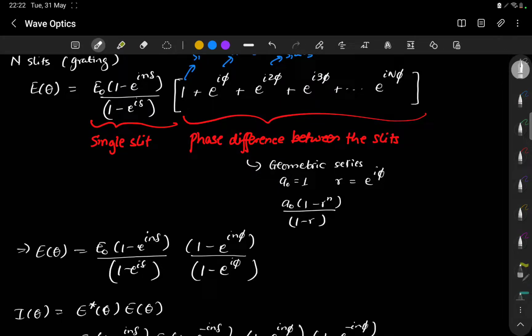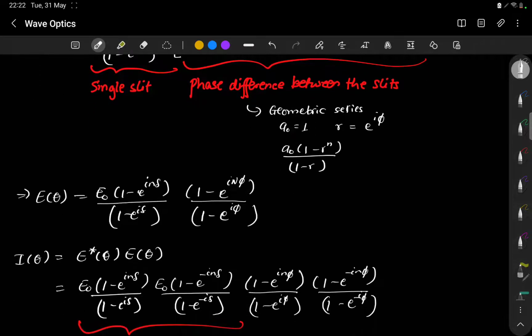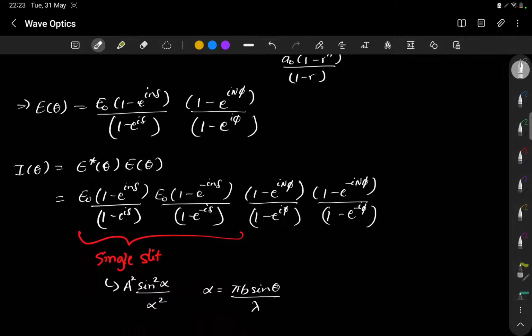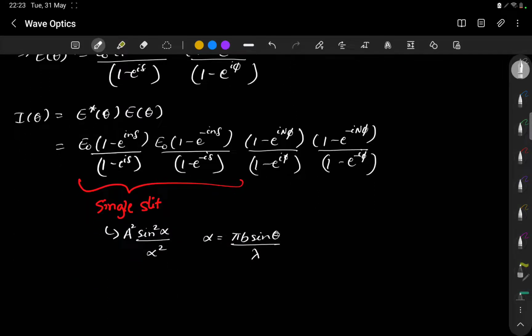Sorry, this n right here should be capital N. I've been using capital N. So let me rewrite it over here. Right, so this gives us our intensity is single slit part times the contribution from N such single slits. So let us write that.